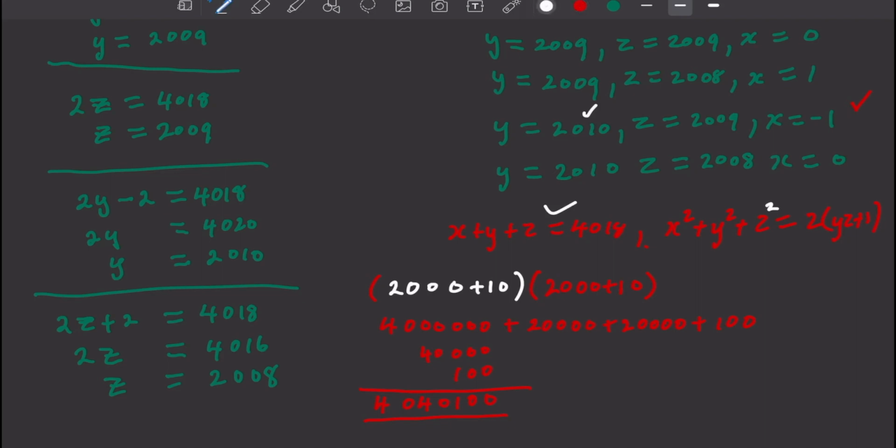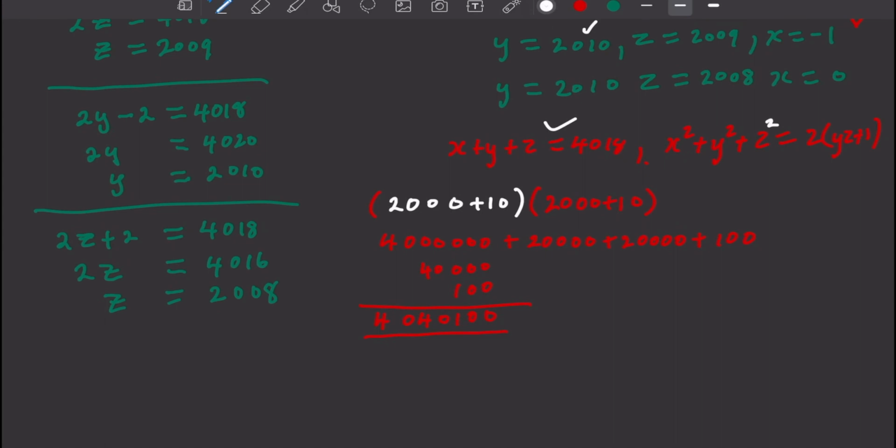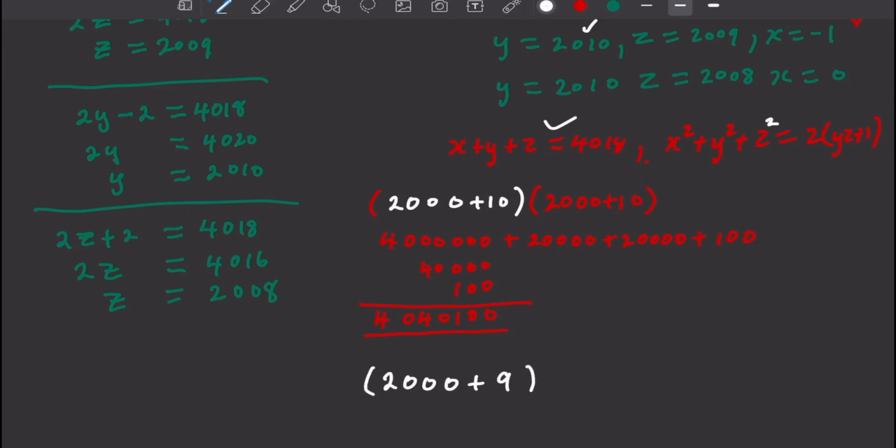Now we're going to square 2009. So in my brackets, I'm going to put 2000 plus 9. I'm just using some skills from algebra, expanding brackets.